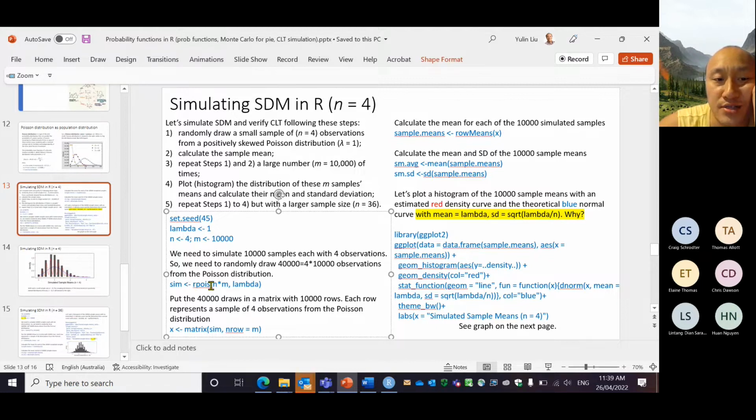We use rpois. That's the R function for the Poisson distribution. The lambda is defined, which is 1, and we're going to draw 40,000 random numbers from the Poisson distribution. The 40,000 comes from 4 observations per sample times 10,000 samples.